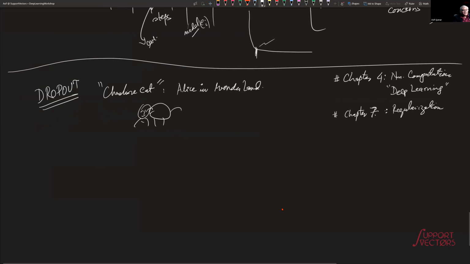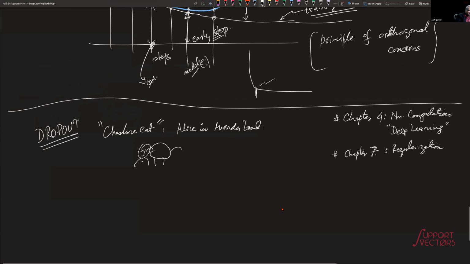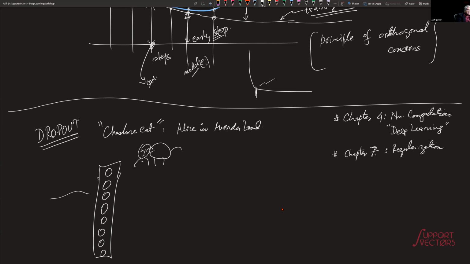What it says is that, suppose you have a layer which has, I will just take 8 nodes: 1, 2, 3, 4, 5, 6, 7, 8. I'll just take that so that I can illustrate the point. And let us say the input data is flowing into this layer.